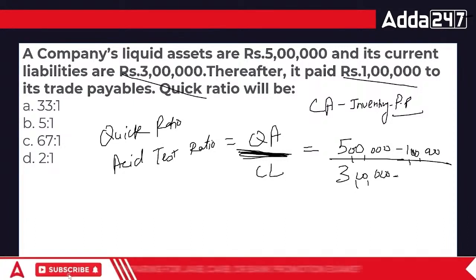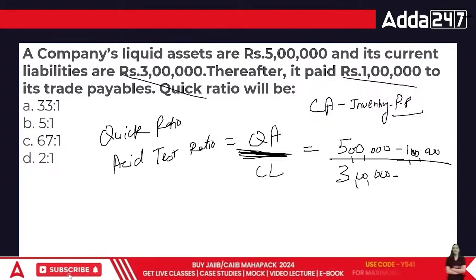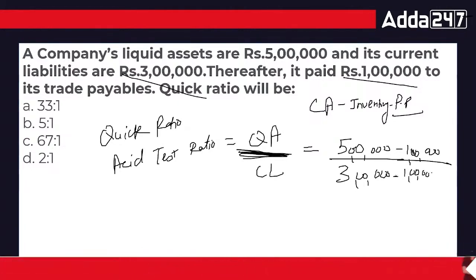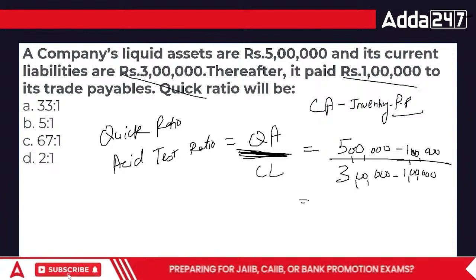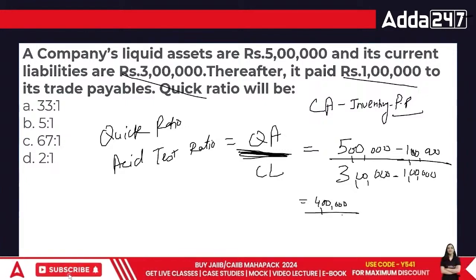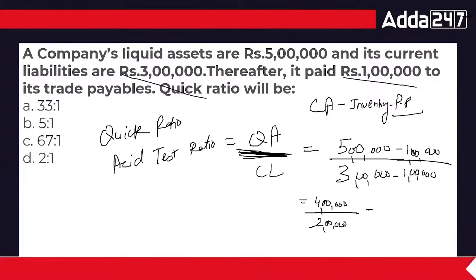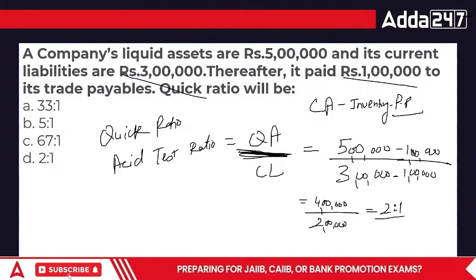Then when we talk about the current liabilities, the creditors are also lessened. In this case, it turns out to be 4 lakh divided by 2 lakh. It turns out to be 2:1.